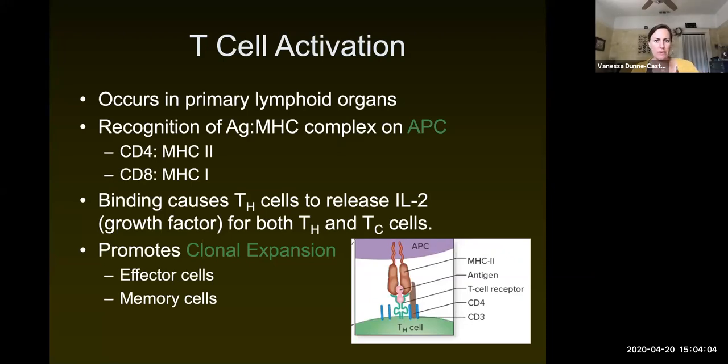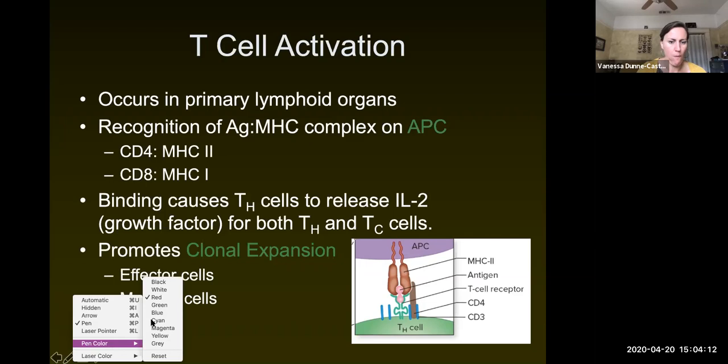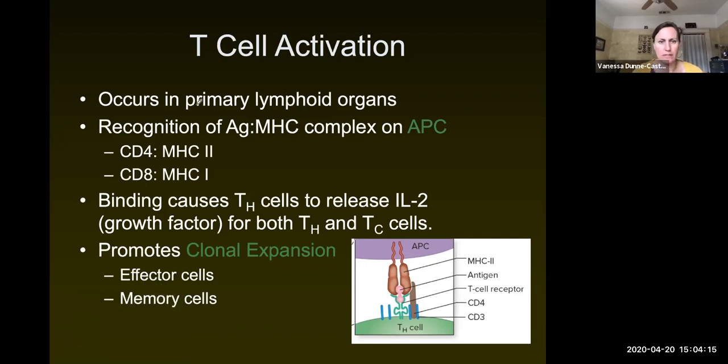Okay, so activation, remember, occurs in the, sorry, this should say secondary lymphoid organ. I haven't fixed that yet for whatever reason. Occurs in secondary lymphoid organs, and that would be something like lymph node, spleen, etc. So here we have the presentation by an antigen presenting cell on both MHC class 2 and MHC class 1.